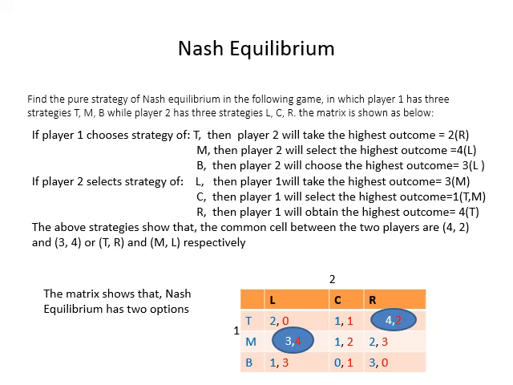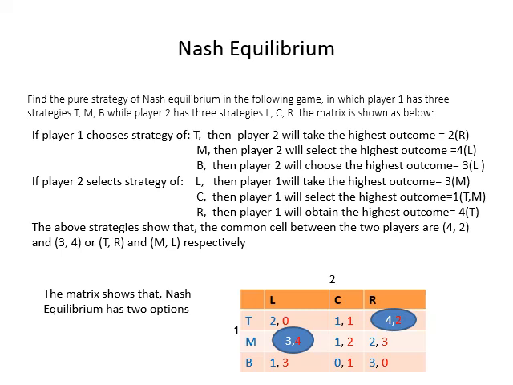Player 2 will choose the highest outcome in the T row. The highest outcome for player 2 is 2, in the column R.